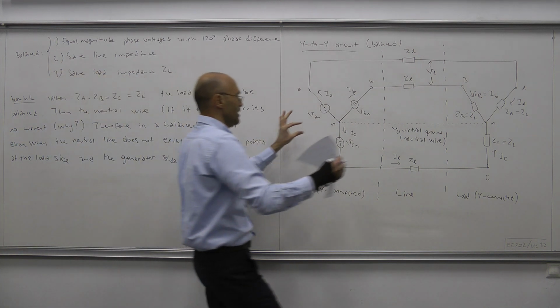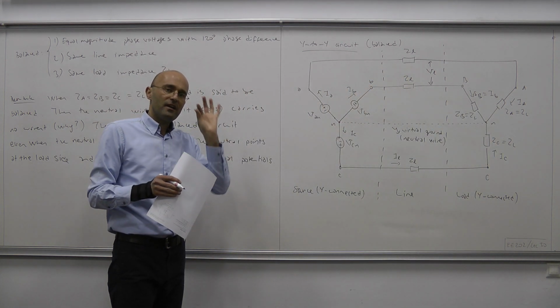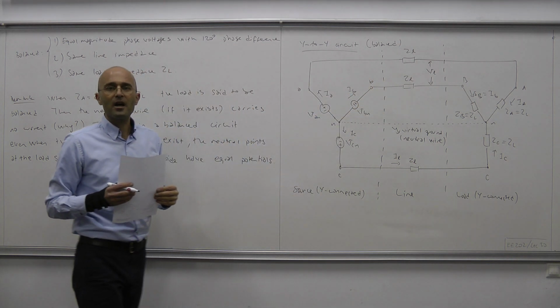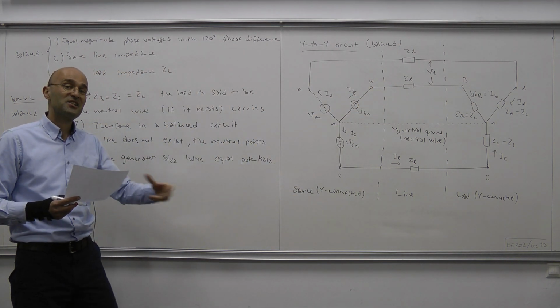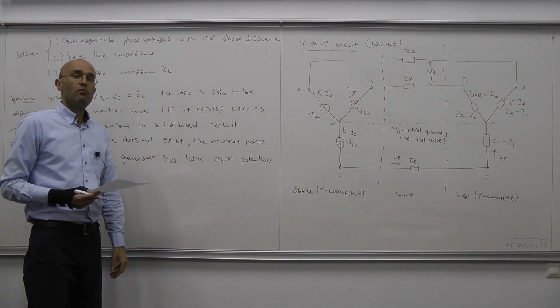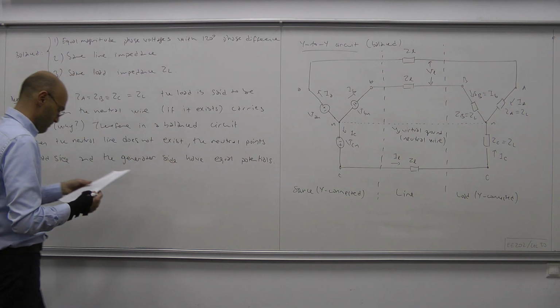In other words, we can take this node and that node and combine them together and treat them as a single node. If you do that, the circuit all of a sudden becomes separable. Okay, and that separability allows us to consider the so-called per-phase circuit, which will simplify our analysis tremendously.